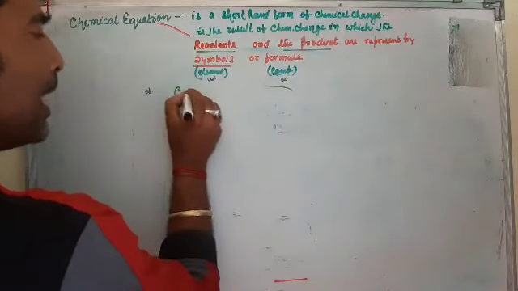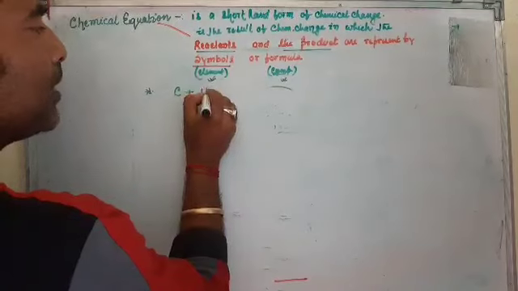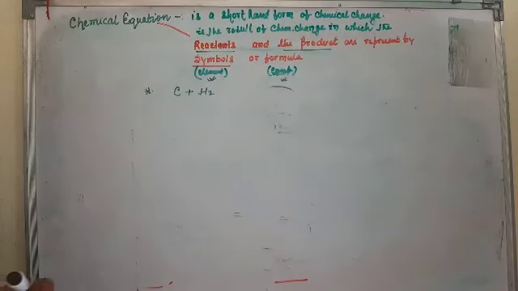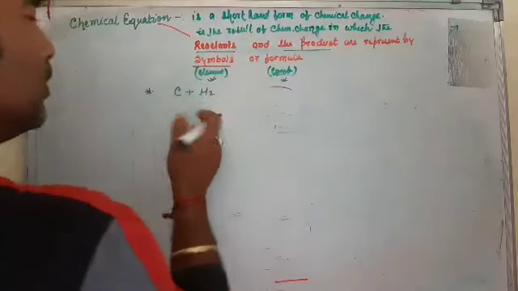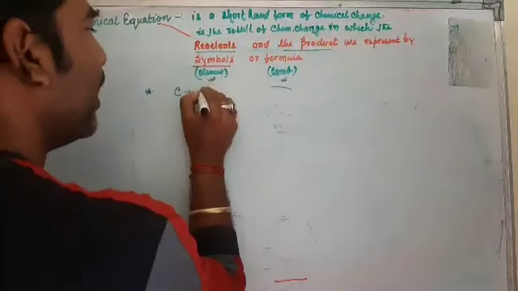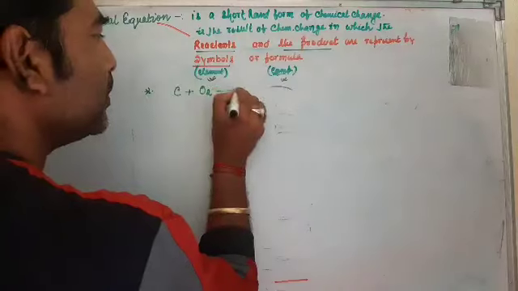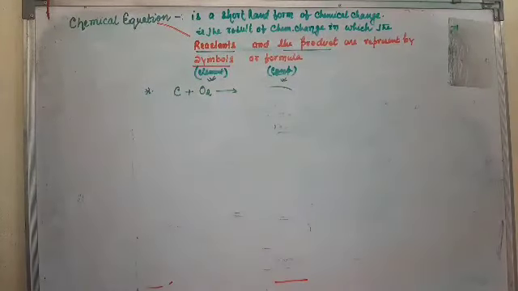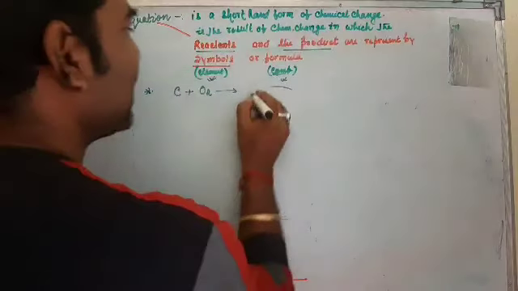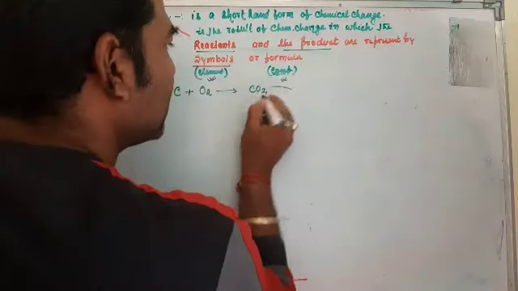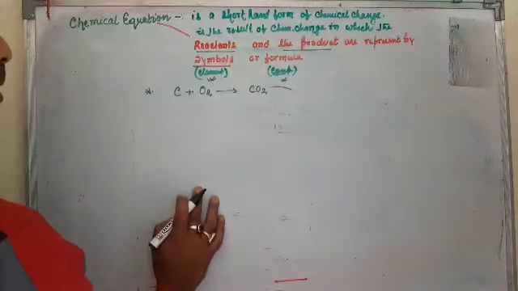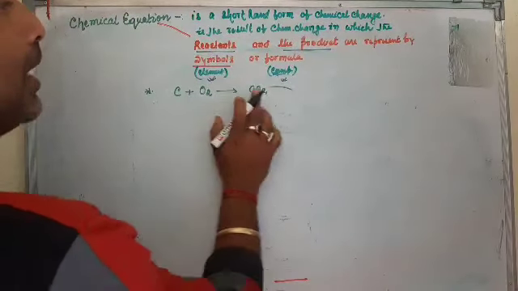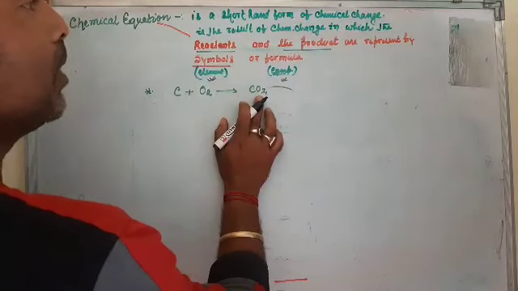The symbol of carbon is C, and the molecular formula of oxygen is O2. These are the reactants. Carbon and oxygen are the reactants, and when they react, carbon dioxide is formed. So this is a chemical equation in which a chemical change is represented.